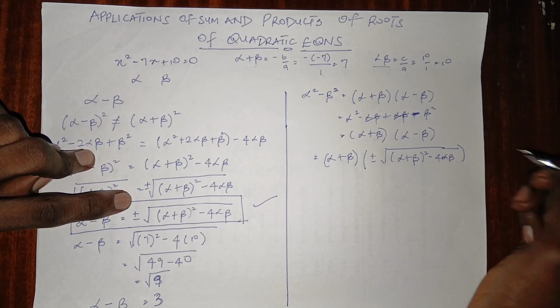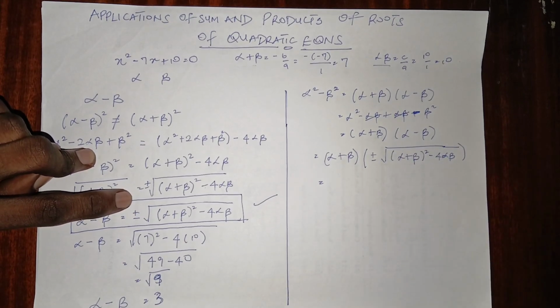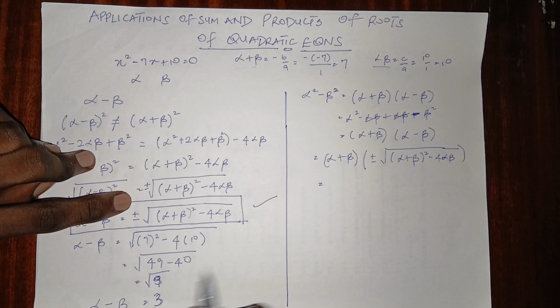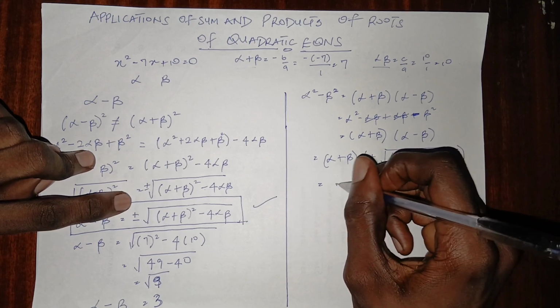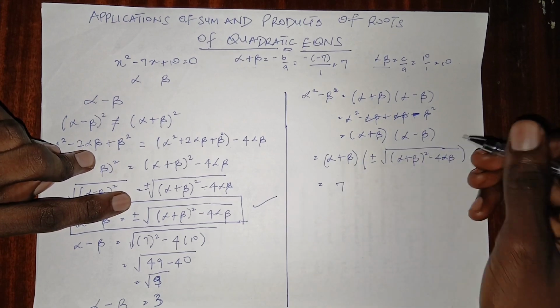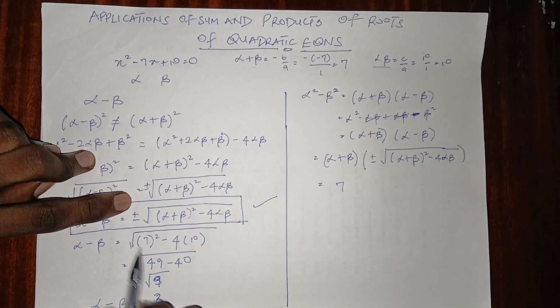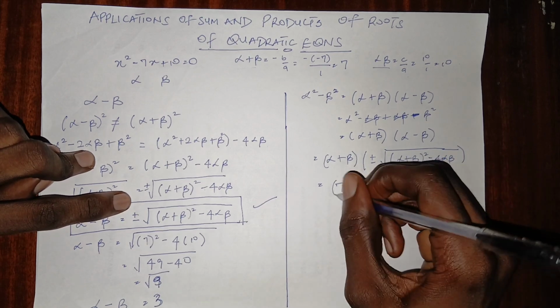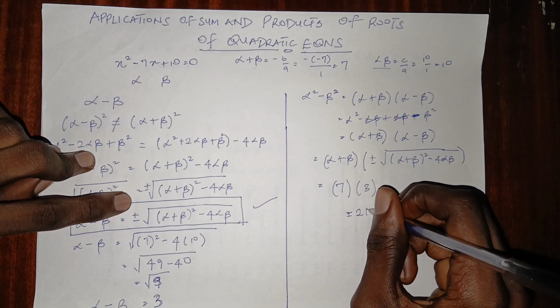We substitute everything into it. Since we already did this here and our answer is 3, we can just multiply the two of them. What's alpha plus beta? You have 7. Because it's a different question now, you have to freshly substitute it, but we've done it here as well. So we have 7 times 3, which is 21.